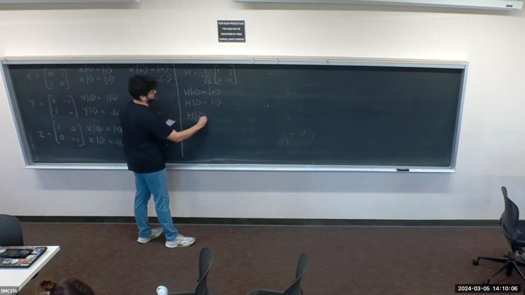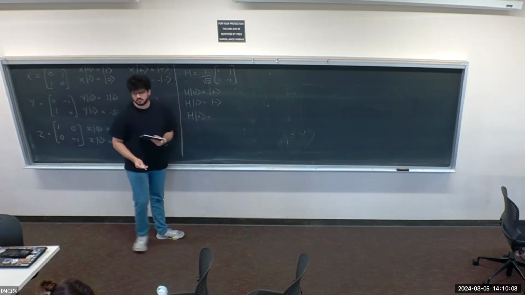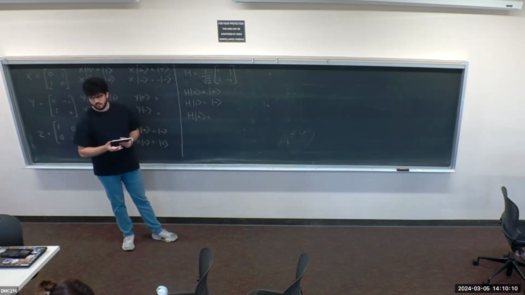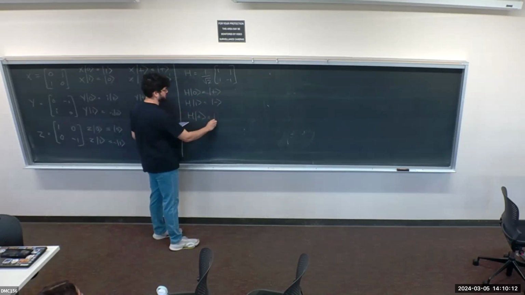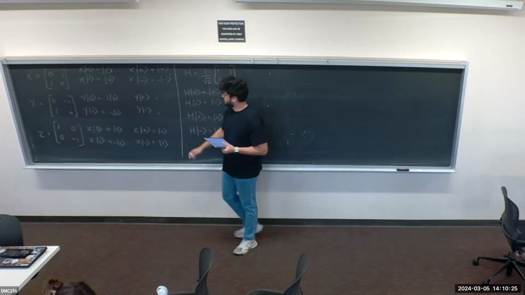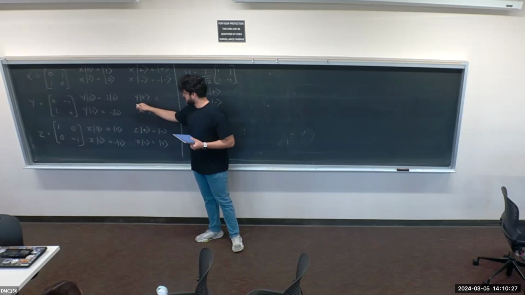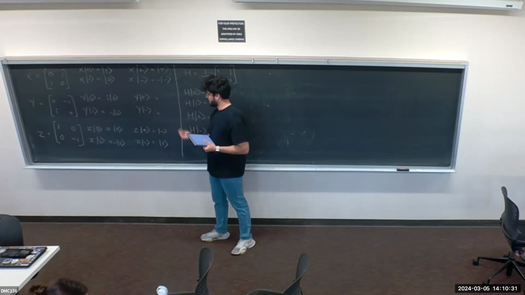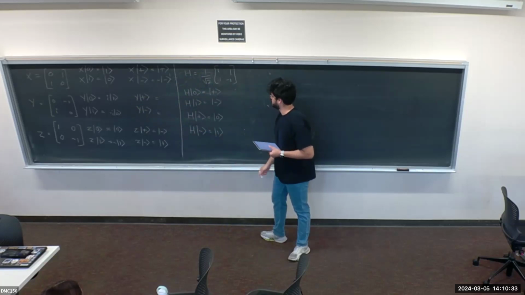Hadamard acting on state plus, you know what it gives? It gives 0 again, and Hadamard acting on minus gives 1. I hope you know how to compute these explicitly. So you just do matrix vector multiplication and you get a vector as the result.